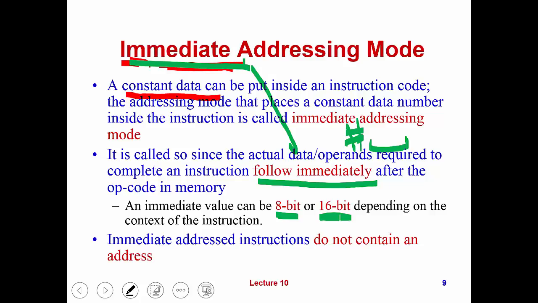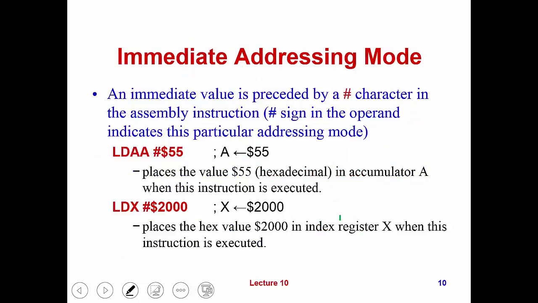So because all the data required for the instruction is already given in the operand field, we never need to access memory. So this type of instruction does not contain an address. No need for an address. Anything following the opcode is data. As I mentioned, we do need the pound sign.